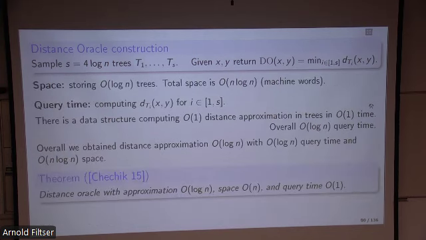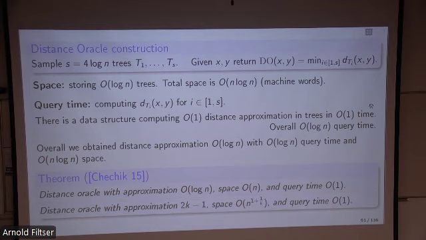Actually, this is not the state of the art. The state of the art is by Chechik, who showed that one can get approximation log n, as we got, but with really linear space. We got n log n here, and with actually constant time. I will not be able to explain this one as well. But one of the components of this result is tree embeddings. It starts by getting some approximation very quickly using trees, and then it continues to improve.